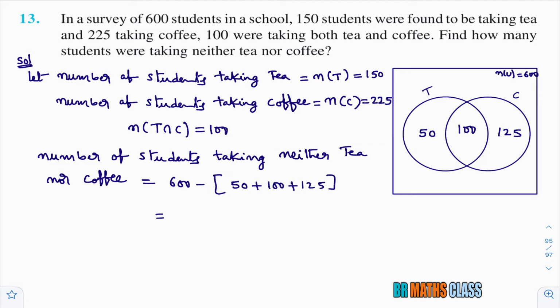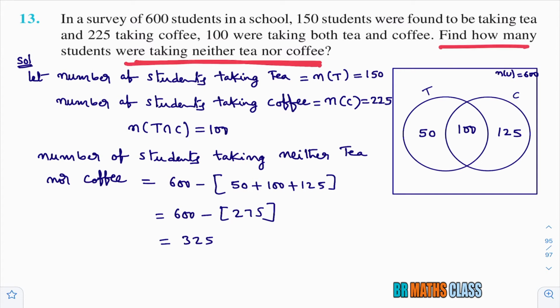That equals 600 minus, here 50 plus 100 is 150, 150 plus 125 is 275. So 600 minus 275 is 325. So the number of students who are taking neither tea nor coffee equals 325.